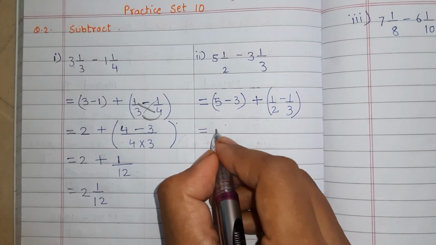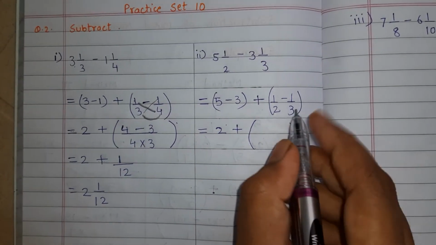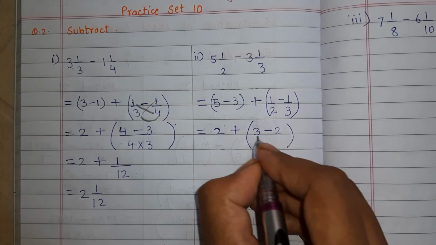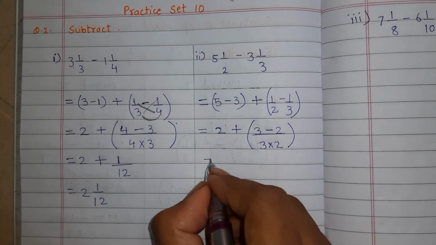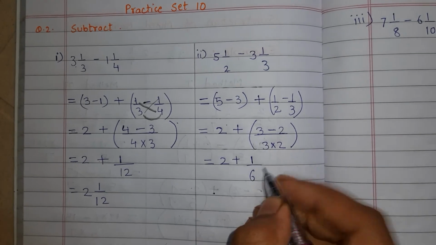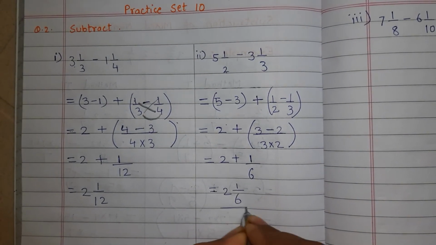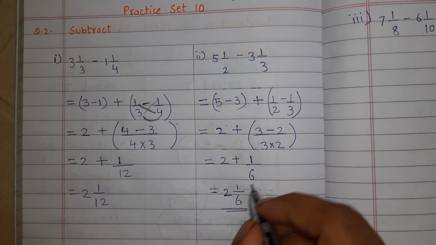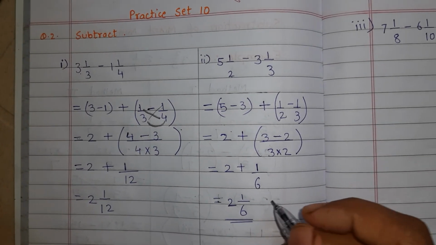Now 5 minus 3 is 2, plus sign as it is, here cross, 3 ones are 3 minus 2 ones are 2 upon 3 into 2. So it will be 3 minus 2 is 1, 3 2s are 6, meaning your answer will be 2 and 1 upon 6. Always remember, with the whole number the fraction should be proper, meaning the smaller number on top and the bigger number below, only then is our answer correct.